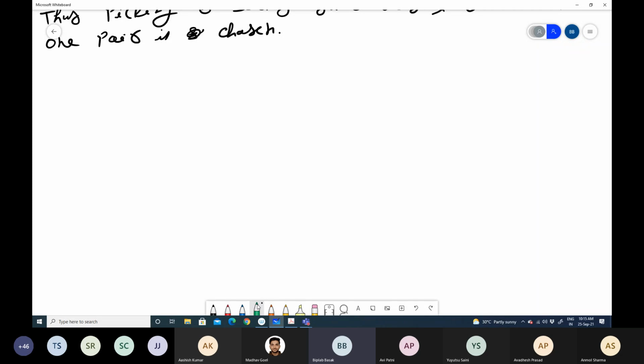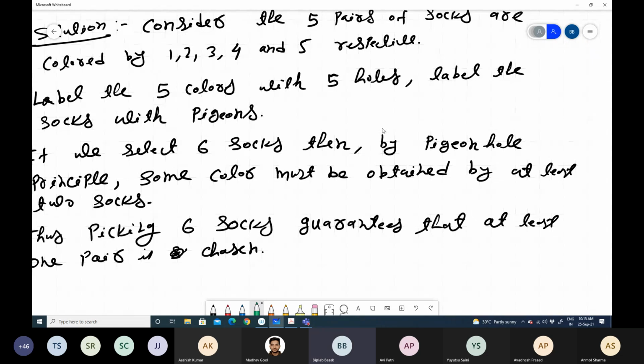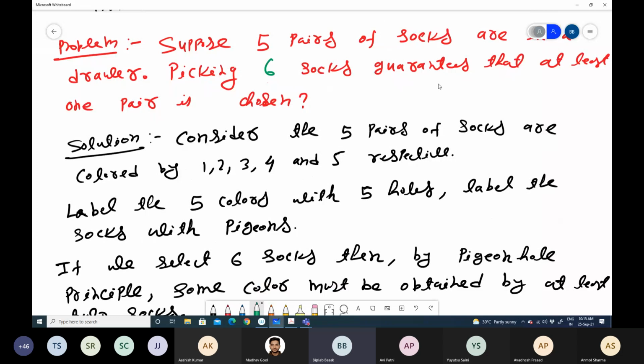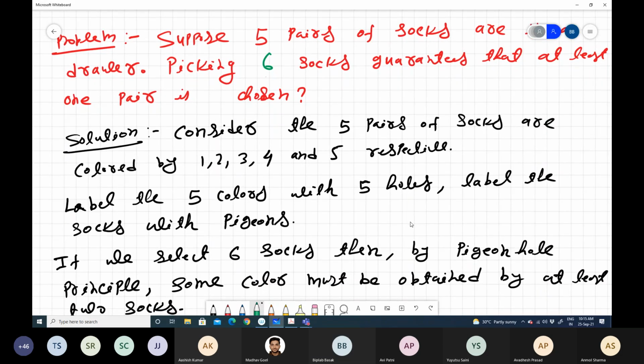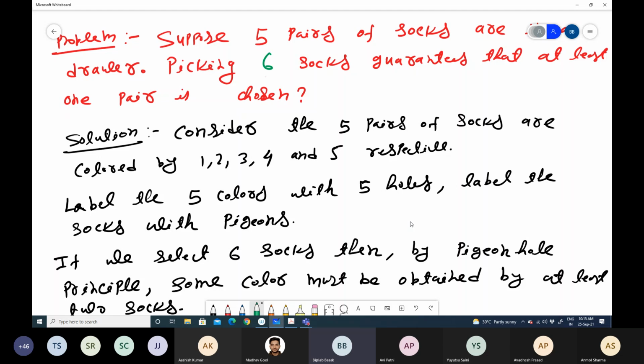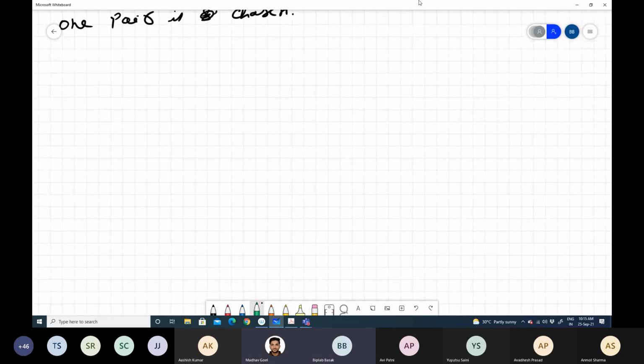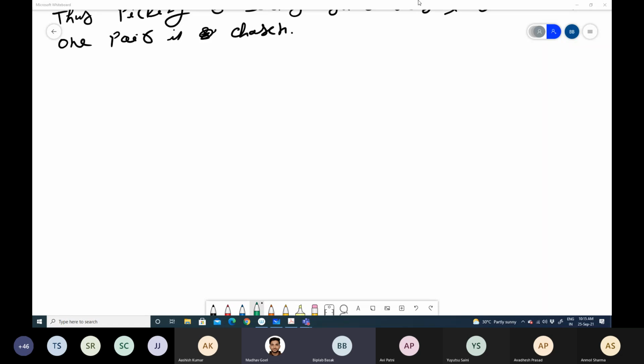But here I'm just telling you what will be the number which guarantees this. If we want to say that 6 is the minimum one, then you have to prove that 5 will not work. And that is easy to find. You can just say, okay, choose 5, one from each pair, right? Yes, sir, that's what I'm saying. I got your point. Yeah, thank you.